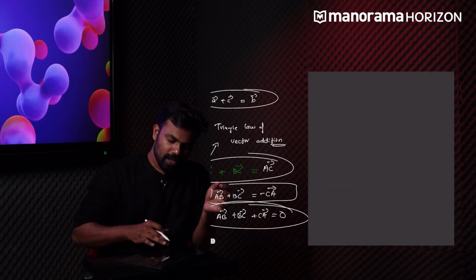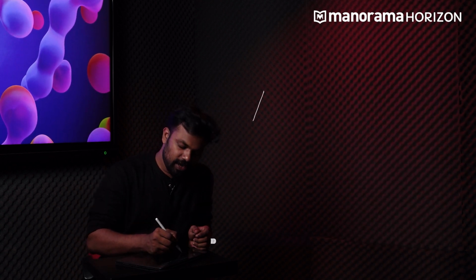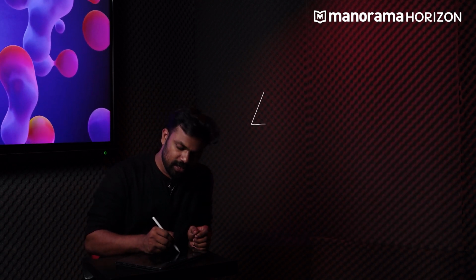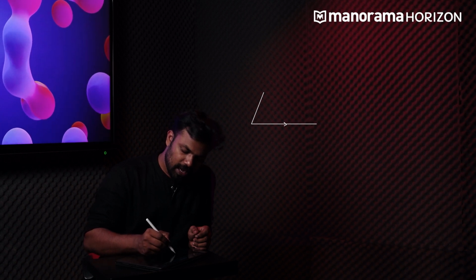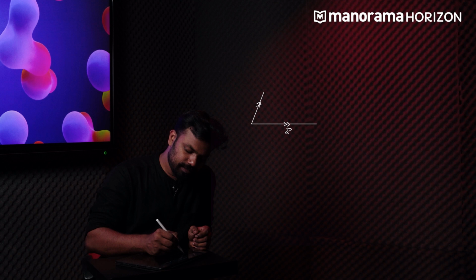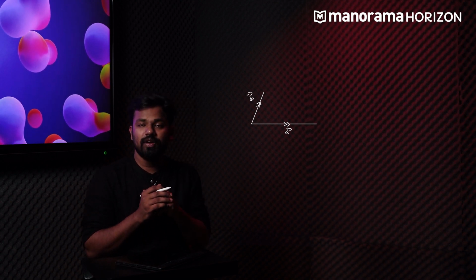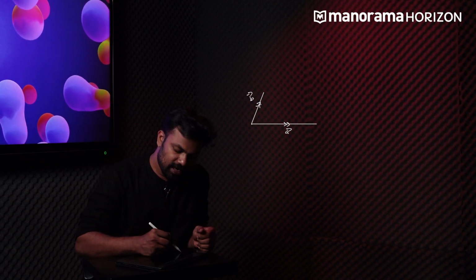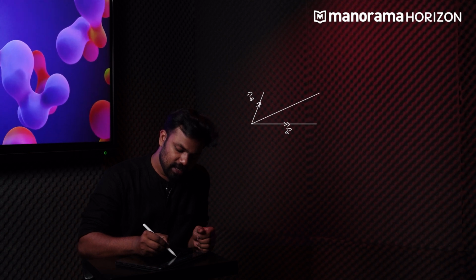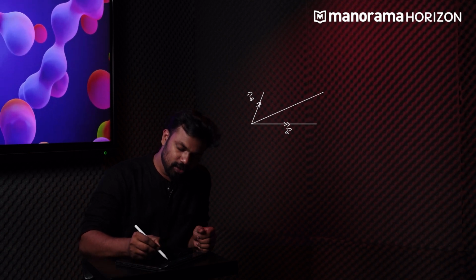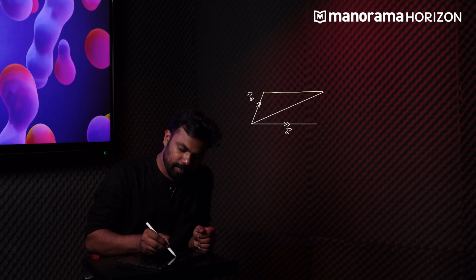Okay. Now suppose I take two vectors, one is A and this is B. Then the resultant of these two vectors will be the diagonal; if I join like this, I will get a diagonal. If I complete this whole diagram, am I getting a parallelogram?